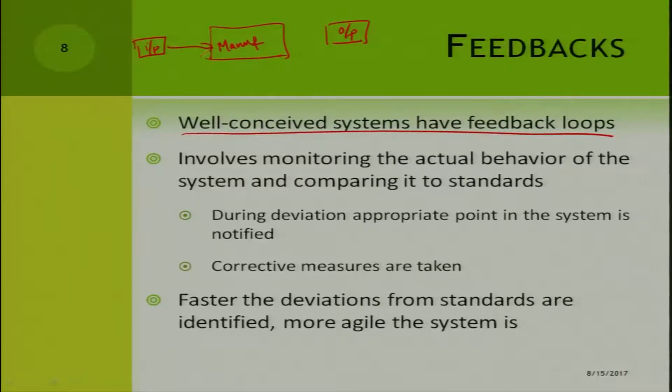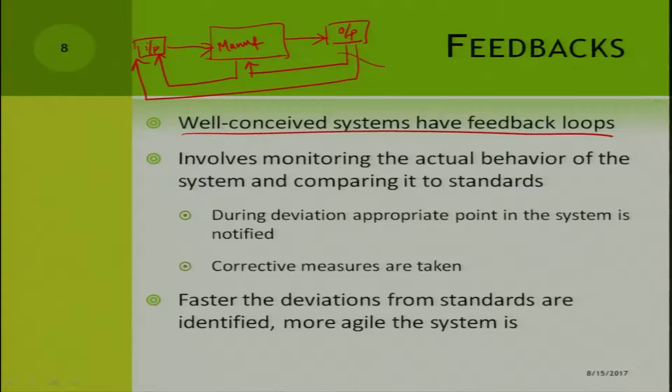The input gets here, output goes here, and from output some feedback goes to the input, and from manufacturing some feedback goes to the input. We studied this. Any good system will have a feedback loop, because this feedback is important.